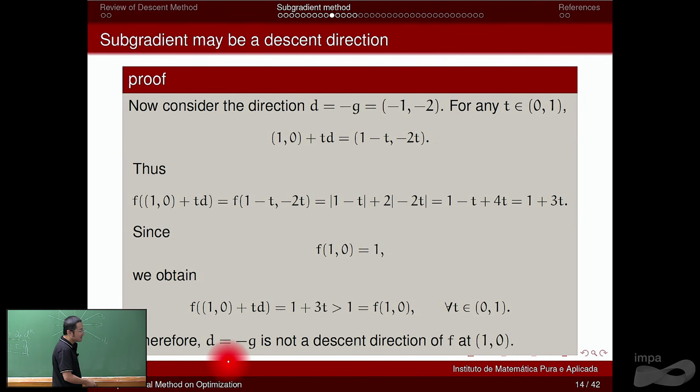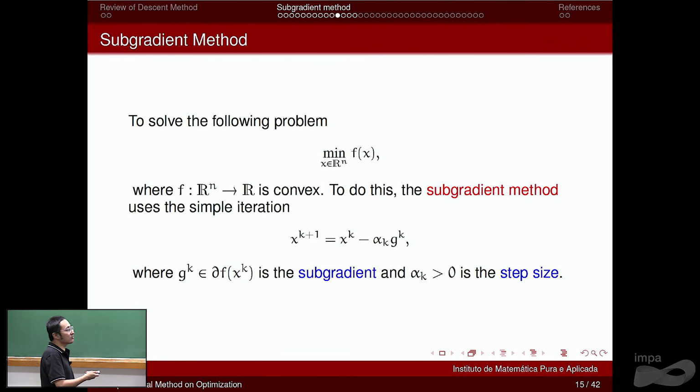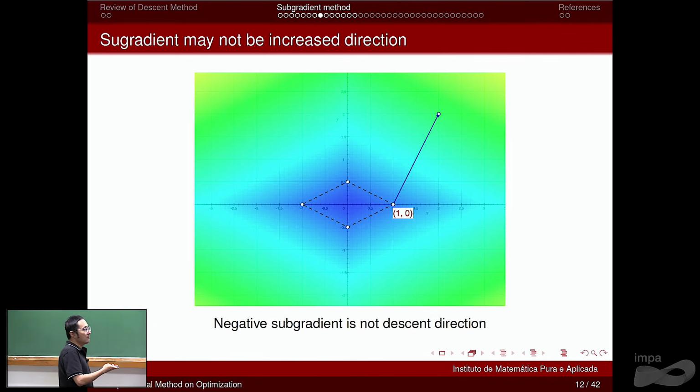So which means this direction is not a descent direction of f at point (1, 0), okay? Because we know along this direction, you choose any step size between 0 and 1, no matter how small it is, your function value will increase. Okay? So this corresponds to the result as we mentioned here.